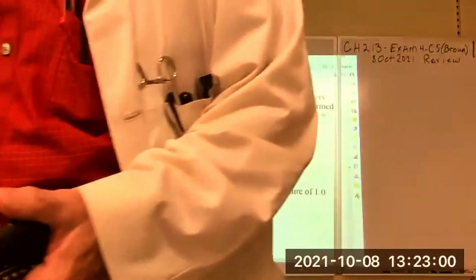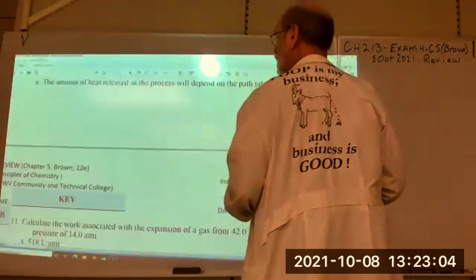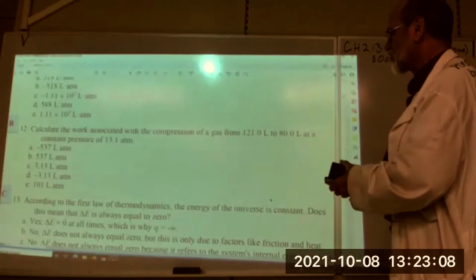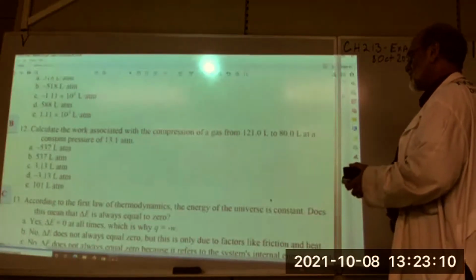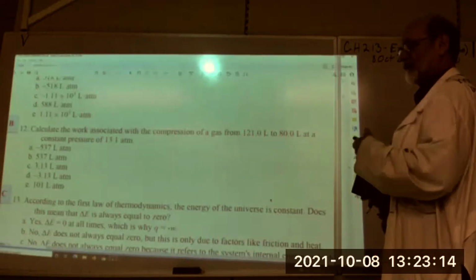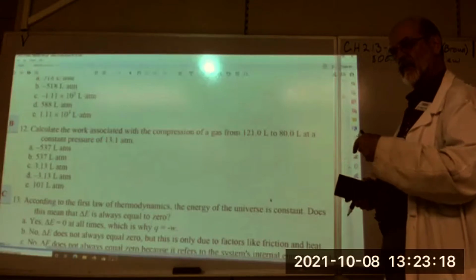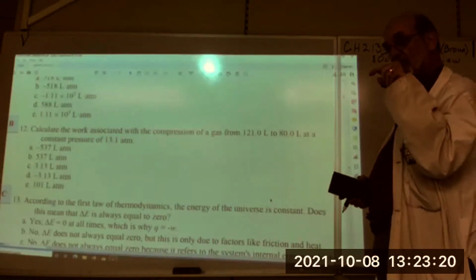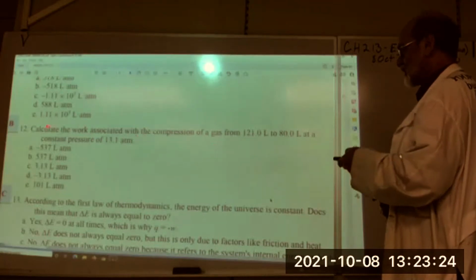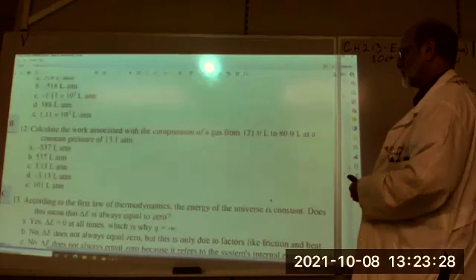How about, let's see, let's get to 12. Here we go. Calculate the work associated with the compression of a gas from this volume to that volume. So work is being done on the system. So we're positive. We're putting work into the gas at a constant pressure of 13.1 atmospheres. Oh, okay.